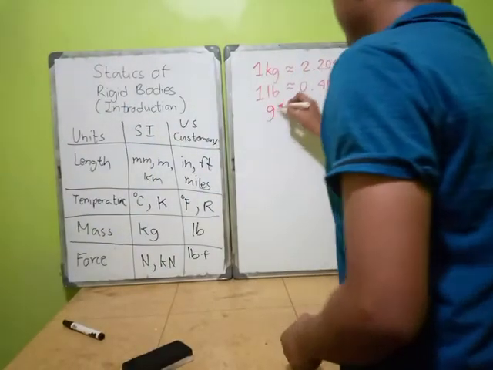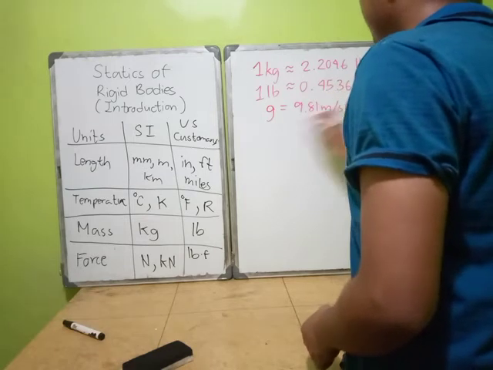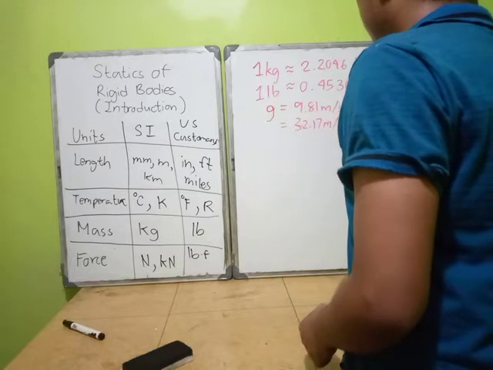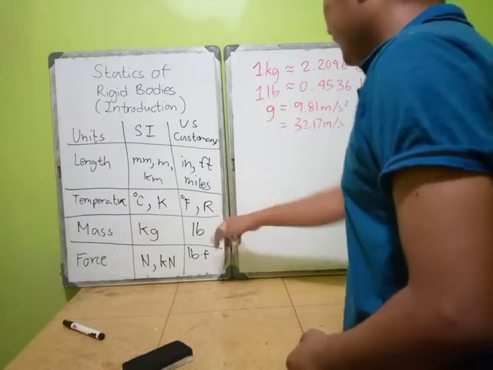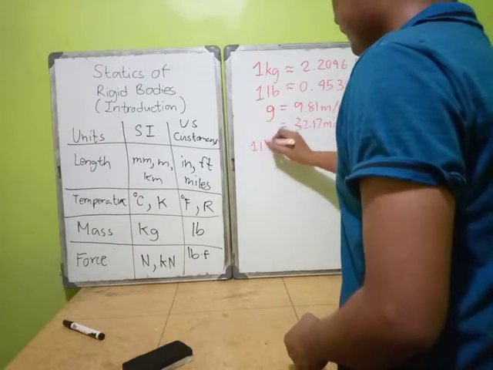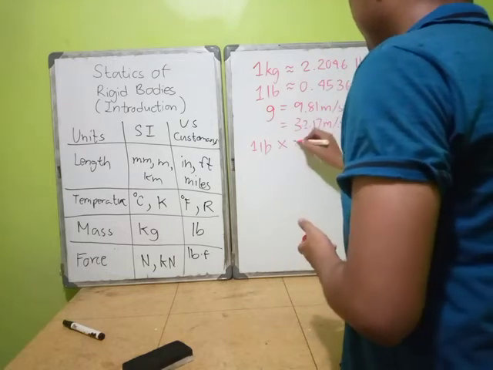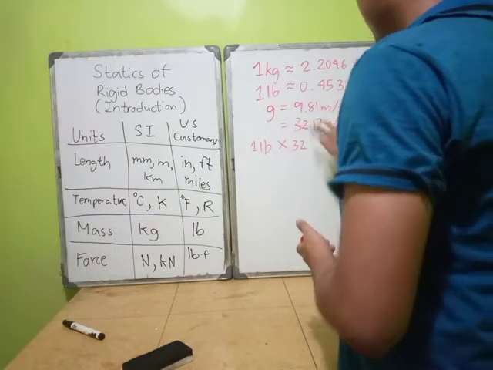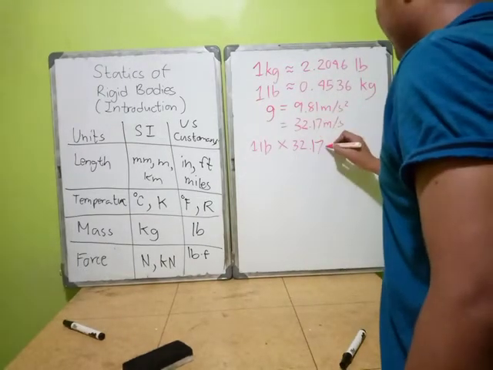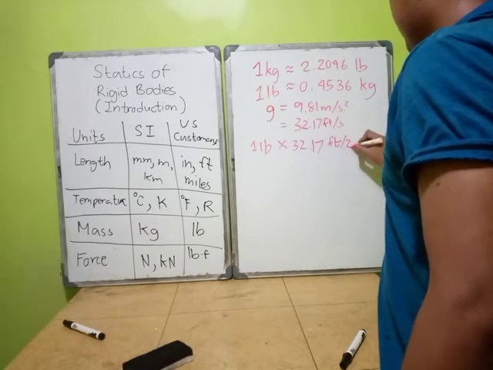Okay, so your g is usually 9.81 meter per second squared, or equivalent to 32.17. So itong libra na to, 1 libra, you multiply by g, or which is equivalent to 32.17. Yung ibang libro tinuturo 32.2. Ito 9.8, pero okay. So this is feet pala, feet per second squared.